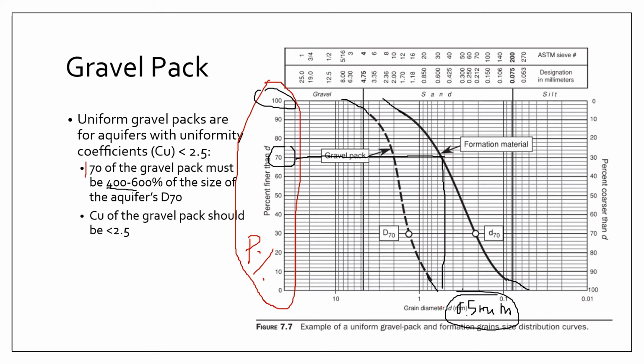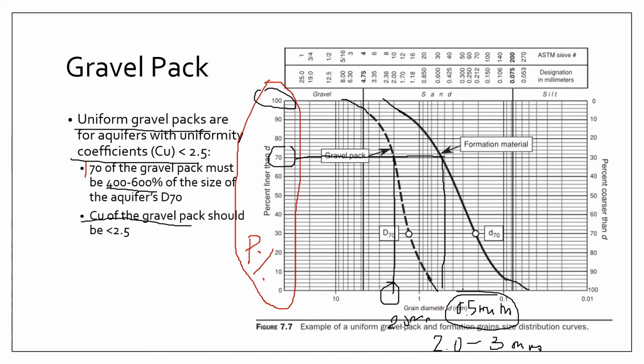Now, multiply that by 4 or 6, you get 2 millimeters to 3 millimeters. So the D70 of your gravel pack should be in that range. And what we are getting here is actually 2 millimeters, which is still within the criteria, right? That's how we basically select the sizing of your gravel pack.